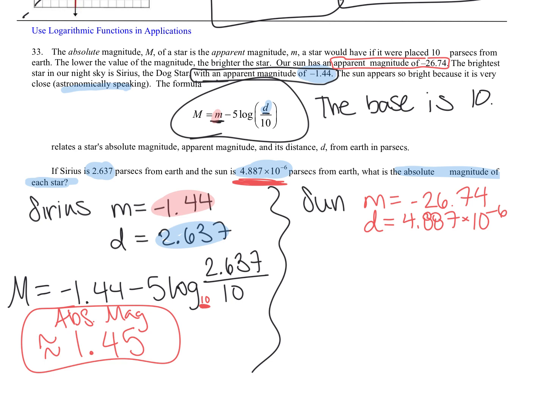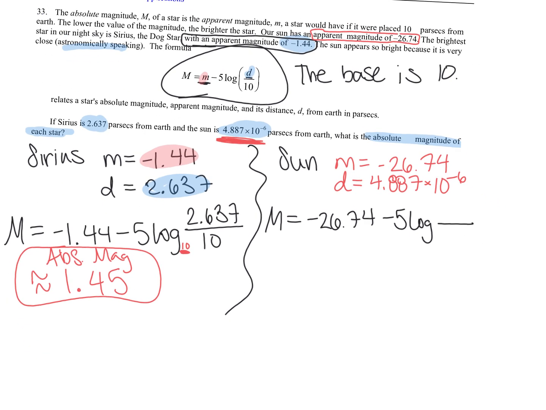So now we're going to plug what we know into our formula. So we have negative 26.74 minus 5 log of the distance for the sun, 4.887 times 10 to the negative 6 power, divided by 10.